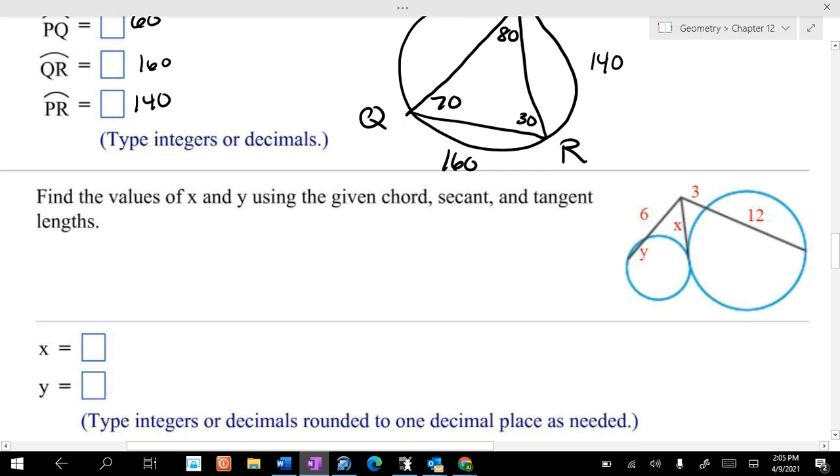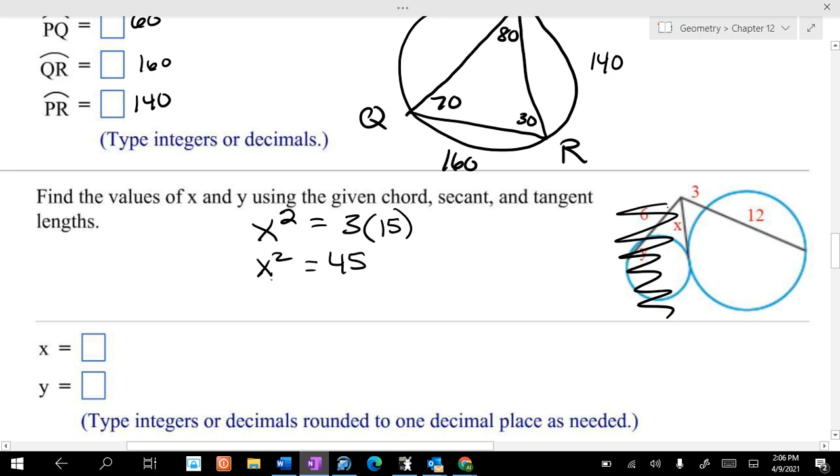Okay? If we block out this stuff right now, we take the outside x times the whole thing, x squared, equals the outside 3 times the whole thing of 15. So x squared equals, what's 3 times 15? 45. If we take the square root of 45, 6.8 something. 6.7.